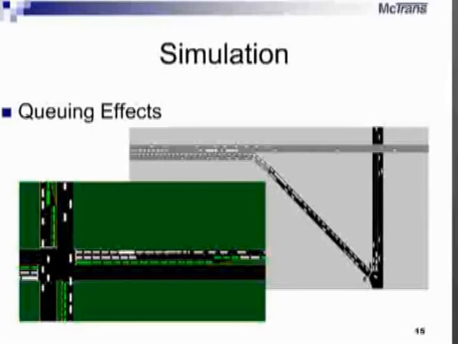A second example is an off-ramp where the signal queue backs up onto the freeway. That's another thing that is not modeled, and you have to take that into account and move on to simulation to get that one done. Now the good news, that one is being researched right now. There's a research project going on right now at the University of Florida, actually, with Lily Elefteriadou, who's a professor here at McTrans, working with her software-wise to develop procedures for modeling the effects of the queue.